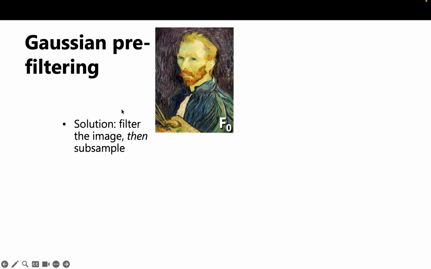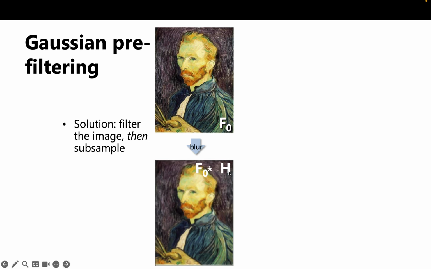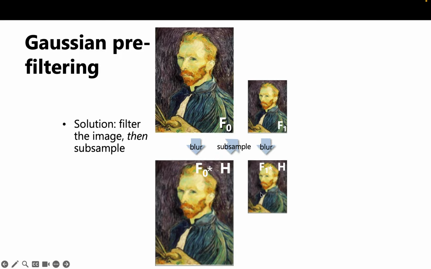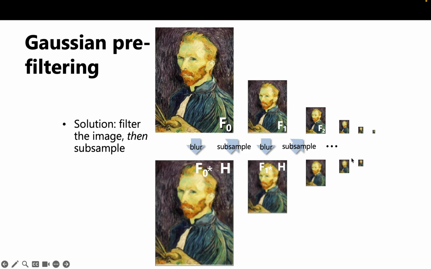So the solution is you filter the image first, and then you do the subsampling. So H is your filter, F0 here is your original image. So you blur it, and then you subsample it. Blur it, then you subsample it. Same goes with the others.